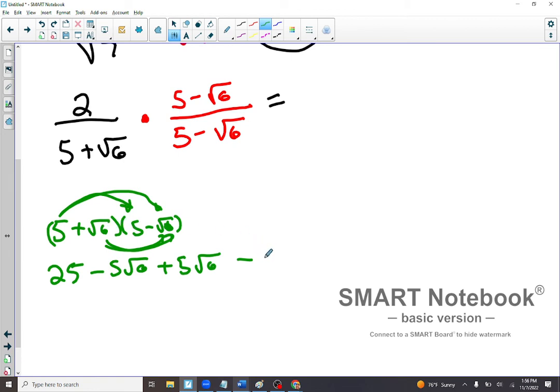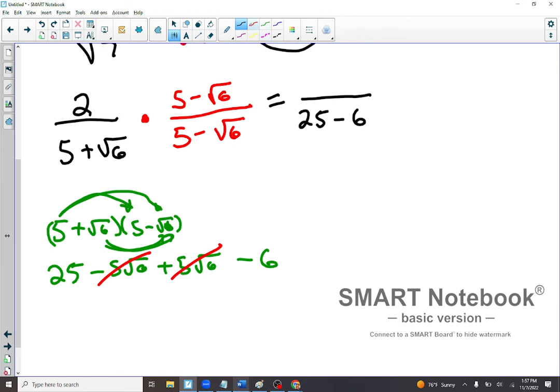But I know what the square root of 36 is. 6. Now notice, this is negative 5 root 6. This is positive 5 root 6. They cancel out. So your bottom is going to become 25 minus 6, which you can simplify.